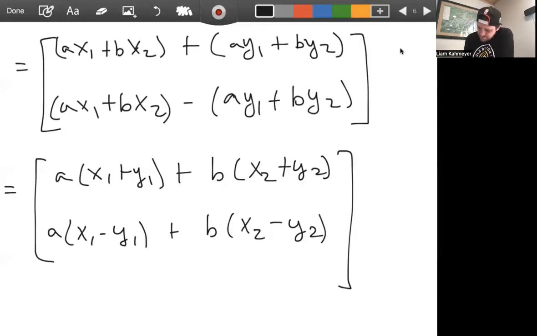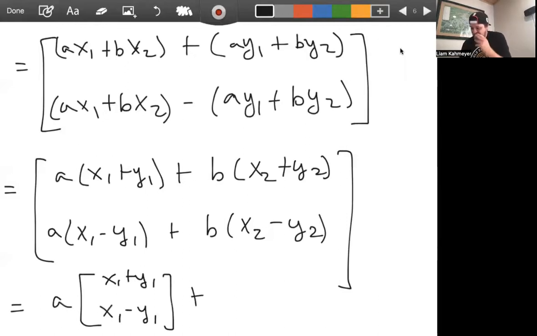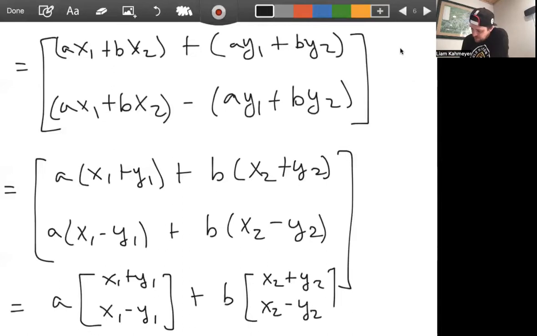Then if we split this up into two vectors and pull out the constant a for the first vector and the constant b for the second vector, we get a times (x1 plus y1, x1 minus y1) plus b times (x2 plus y2, x2 minus y2).